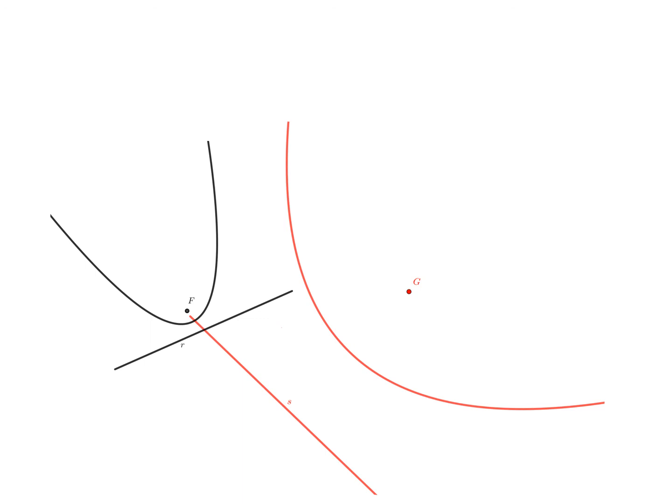Now we show that indeed two arbitrary and hence all parabolas are similar. Here are two parabolas, a black one with focus F and directrix R, and a red one with focus G and directrix S. We translate the black one so that the focus coincides with the focus of the red one.